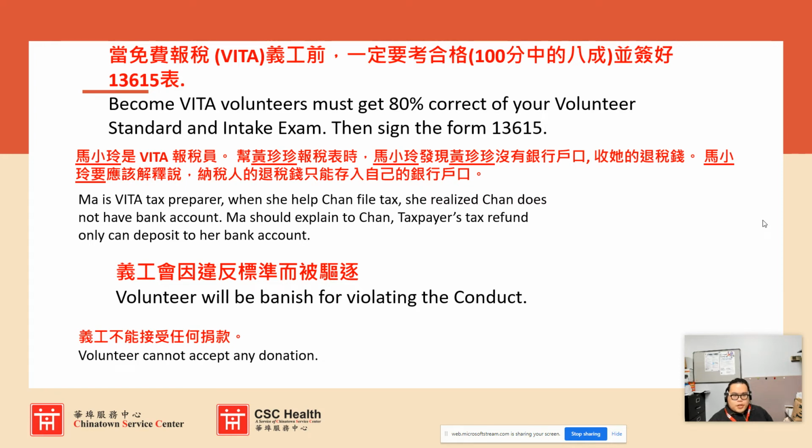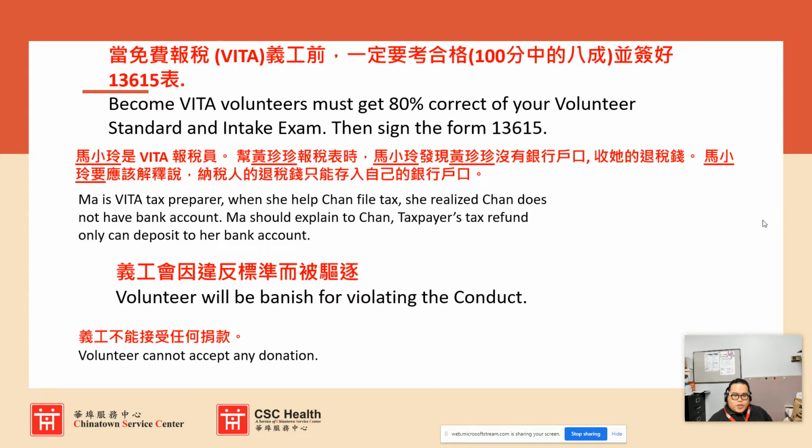This page talks about the rules and some scenarios. A VITA volunteer must get 80% correct on the volunteer standard and intake exam, then sign Form 13615. The scenario here: Mar is a VITA tax preparer.